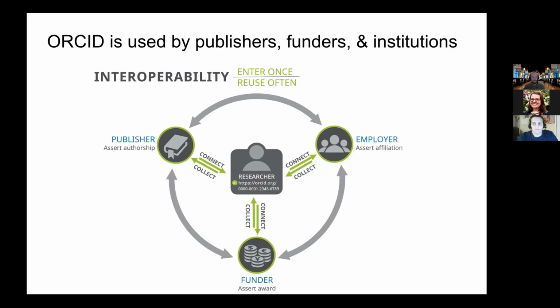Yeah, and we can demo some of the tools that are available. I will say, to be totally honest, the ease with which you can add things to your ORCID profile does vary somewhat depending on the age of what you're trying to add and also the discipline that you're in.